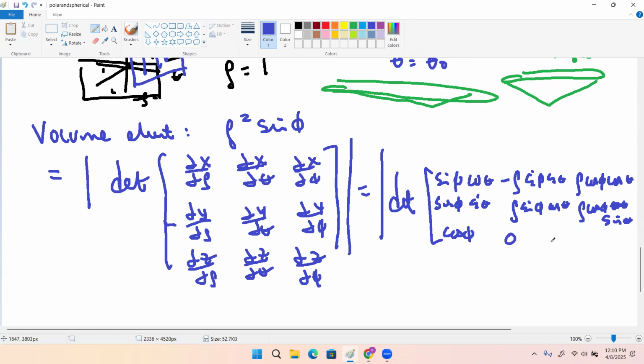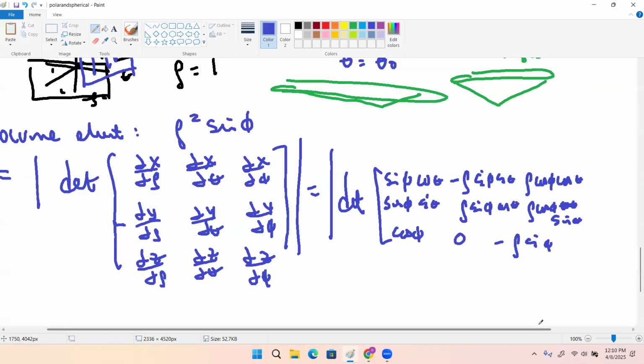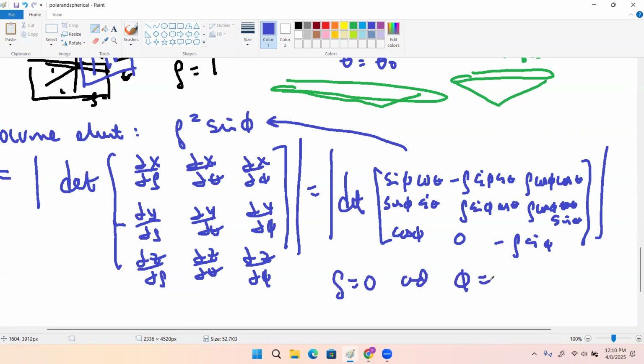And then this one here, the derivative of cosine is minus sine. So you end up taking the absolute value of this determinant, and it turns out to be this, and it takes a little bit of time to see. So let's look at where it's singular. Well, this will be singular at rho equals 0 and phi equals 0 and pi.